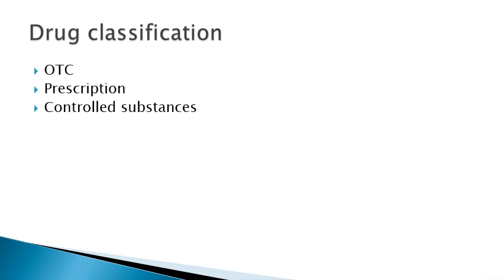Your scheduled drugs are scheduled 1 through 5, with 1 being the greatest potential for abuse and 5 being the least. If you're going to have controlled substances at your facility, they require a whole other level of regulation as opposed to prescription and over-the-counter drugs.